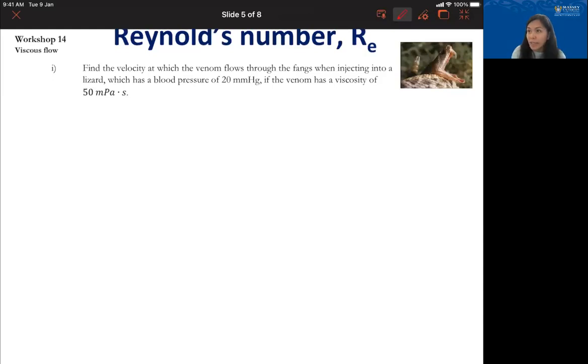The pressure in the fang from the previous slide is 6,660 pascals, and the pressure in the snake's fang is different to the blood pressure of the lizard. It's that pressure difference that will cause the venom to flow, because venom is viscous, and this is the viscosity of the venom given here.